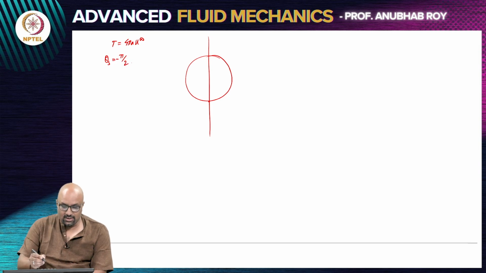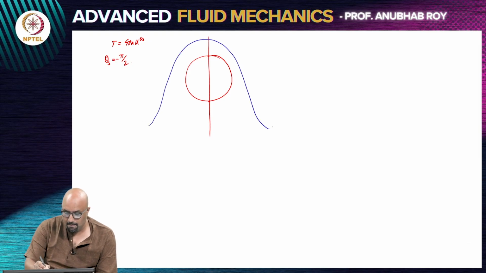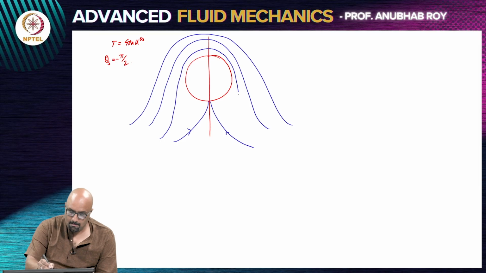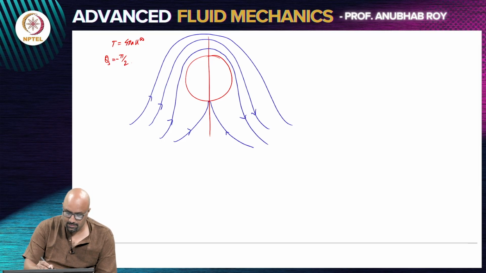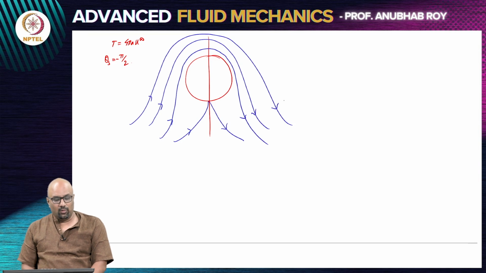In which case you are going to get a flow which will appear of this kind. This is what the flow will look like when gamma is 4 pi a u infinity.